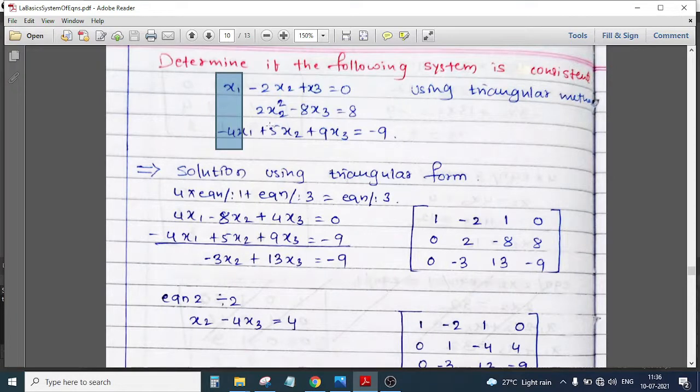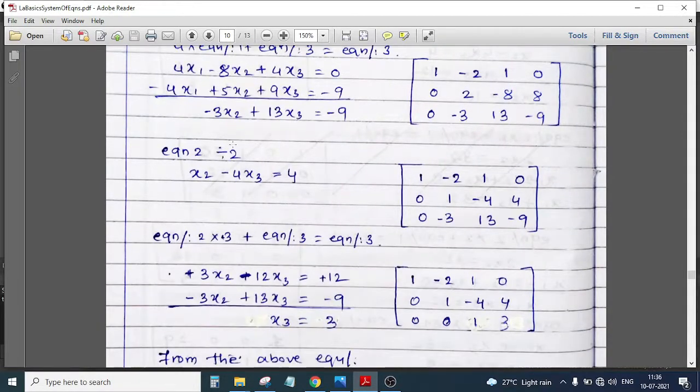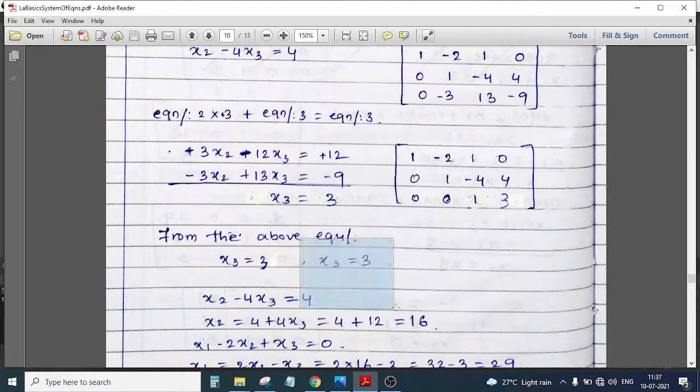Thereby, after removing x1, we got an equation wherein we were having only two coefficients, that is x2 and x3, and we already have an equation wherein we have only two coefficients. Then perform with those two equations. Thereby, you will be getting one of the values. Once you get one of the values, like in our case we have got x3, you can easily find your other values by substitution.